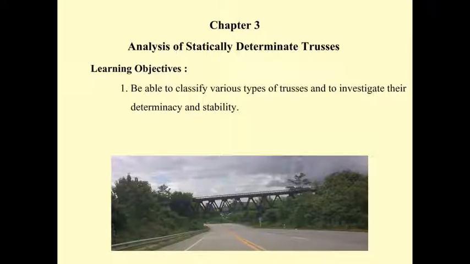That concept still applies here. The unknowns in the truss are going to be the reactions and the force in each member. The number of reactions is R, the number of member forces is b, so the total unknown is going to be b plus r.